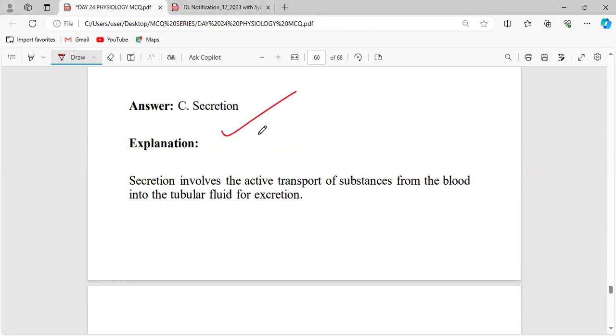That will be the process of secretion. This is the active transport of substances from the blood.